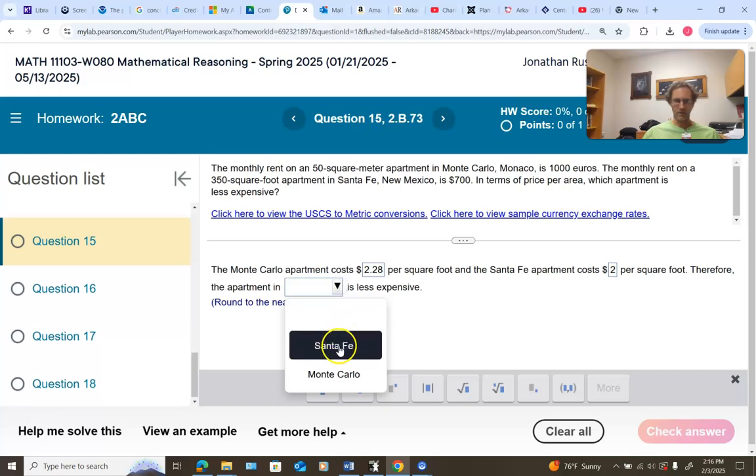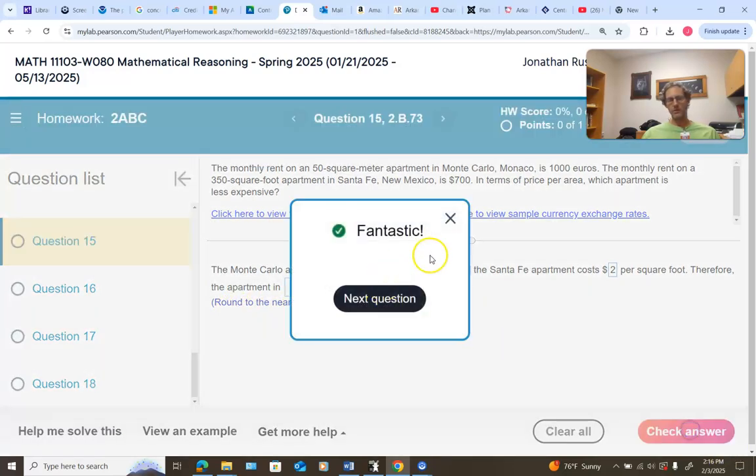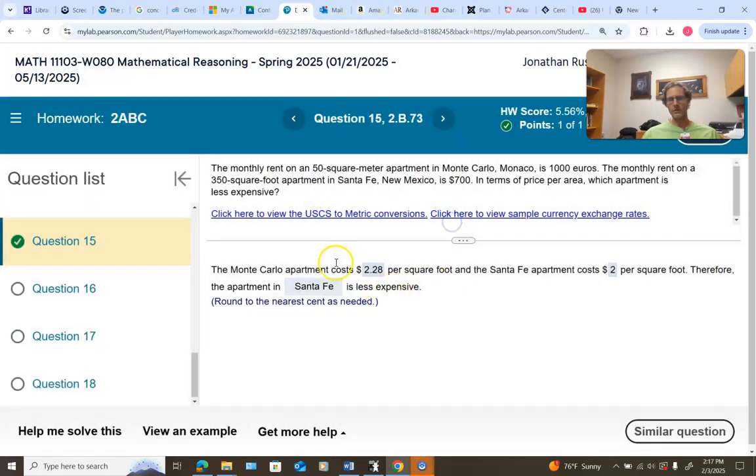Therefore, the apartment in Santa Fe is less expensive. And you can see here too that it says you want to round to the nearest cent. Okay? So if we check our answer, we'll get it correct. So really you just have two conversions going on, and then you essentially are finding the unit price for each of these two apartments before you can compare them.